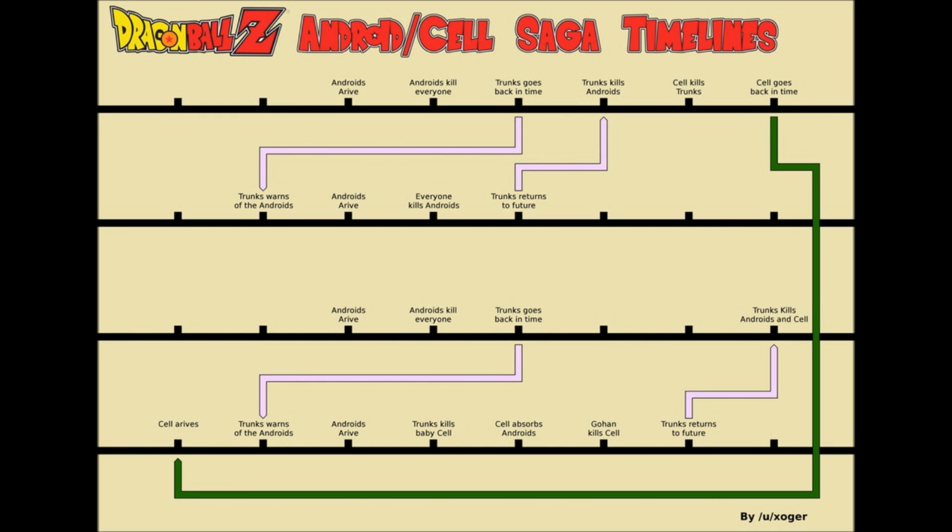Based on everything that we've seen with how Trunks travels back and forth between his time and the main timeline, Cell's time machine would go back to the original timeline, not to Trunks's. So really, this would be no use to the Z fighters. It'd be no use to Trunks or Goku or Vegeta. It is actually completely pointless, because from what we've seen, it just goes on times and dates.